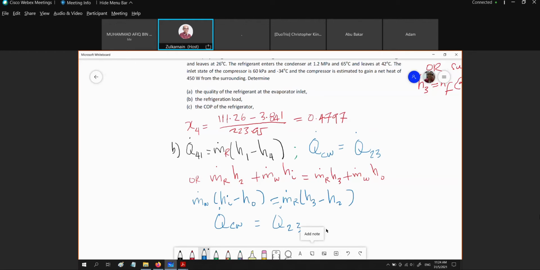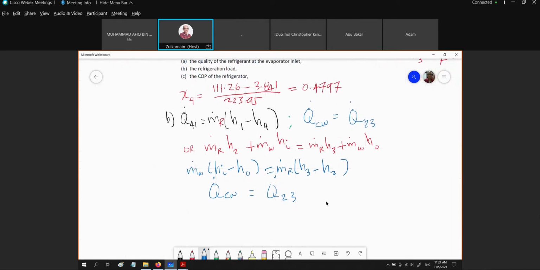Okay, so this is our M dot R that we want to obtain in order to solve for part B. Part B is to get the Q41, then M dot R is equal to M dot W times HI minus H naught divided by H3 minus H2.